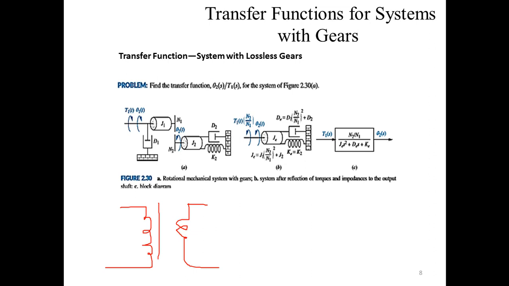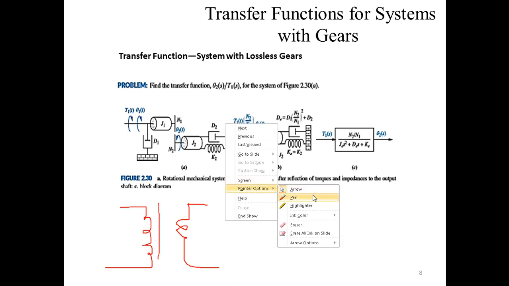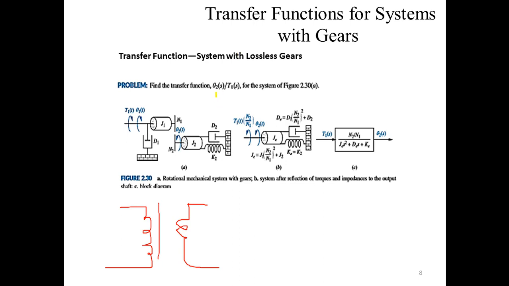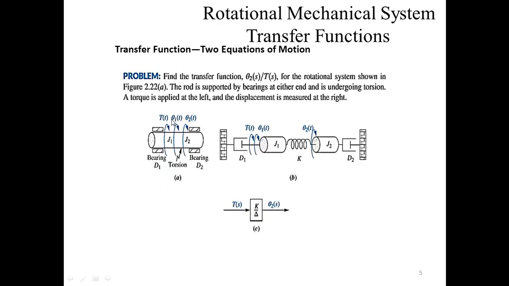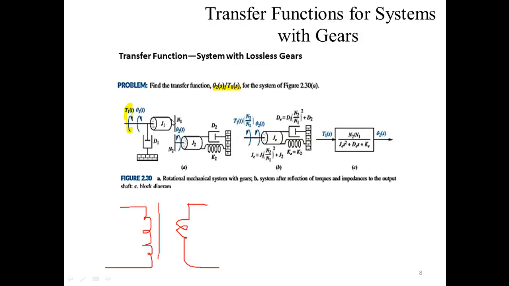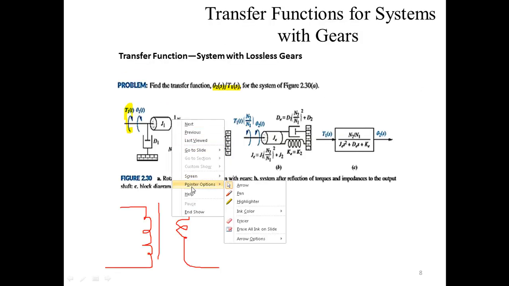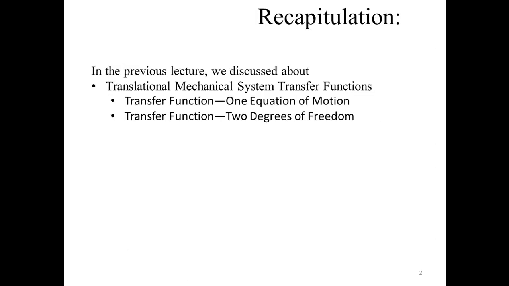The question asks you to find phi 2 divided by T1 of s. It means you have applied some torque over J1, and due to the motion of the teeth, the motion is converted into J2.